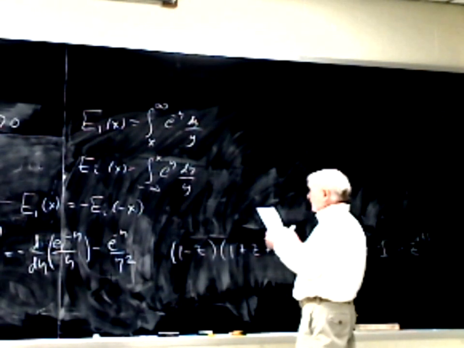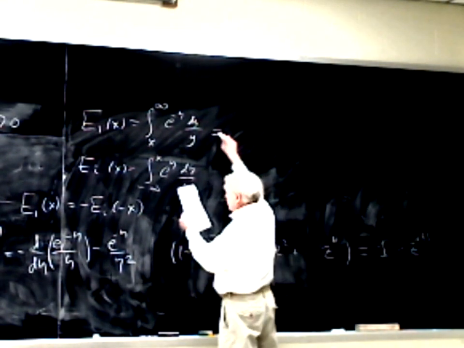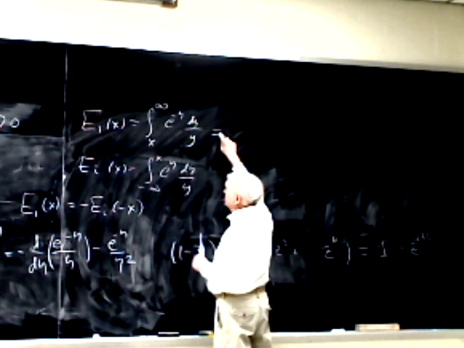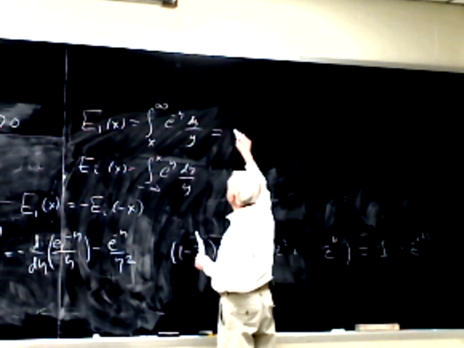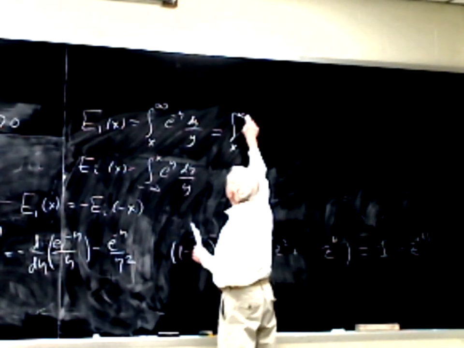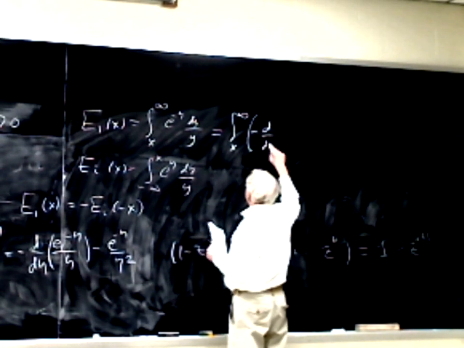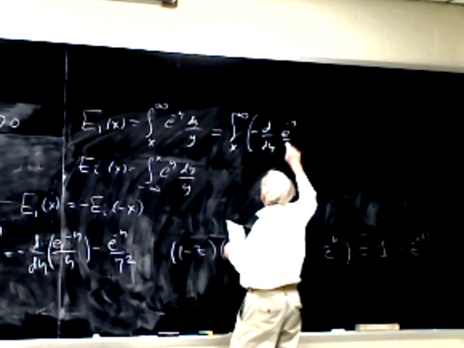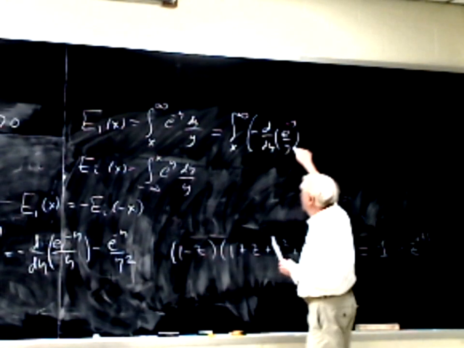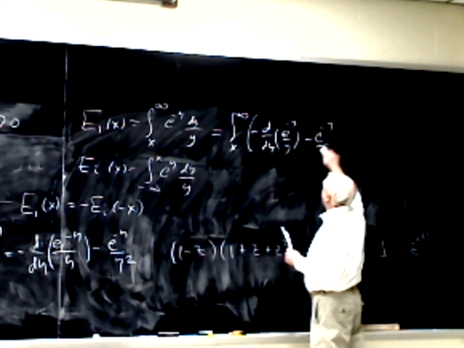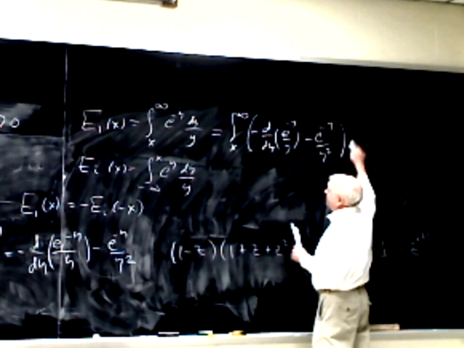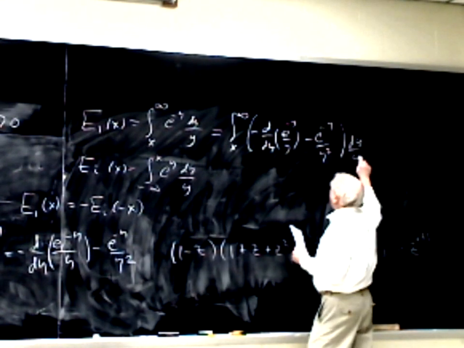And you can then put that in here and integrate by parts. So e to the minus y over y, integrated from x to infinity, is minus d by dy of e to the minus y over y, minus e to the minus y over y squared, dy.